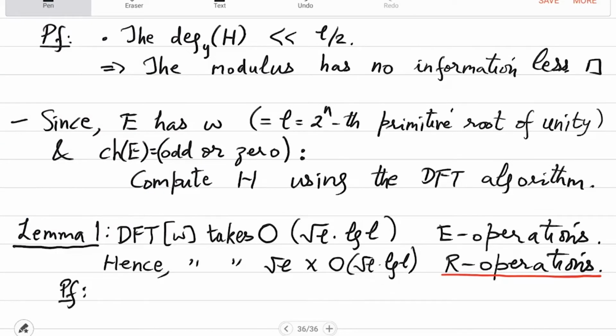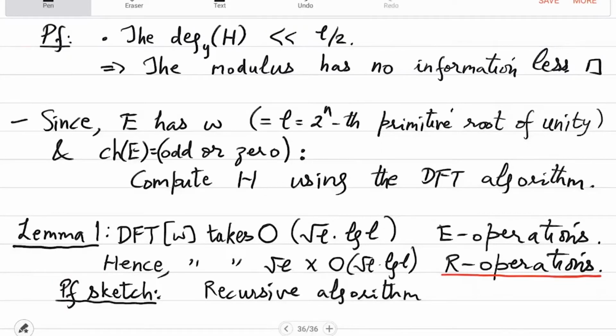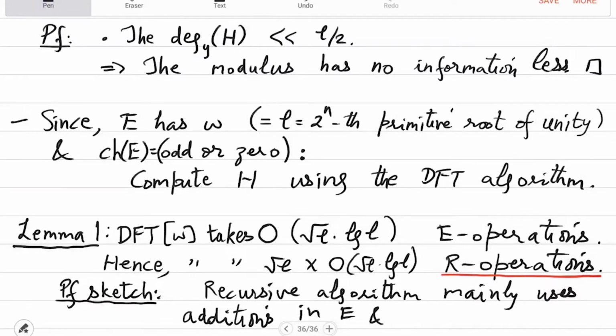The algorithm mainly uses E additions and multiplies by omega, which is actually y.